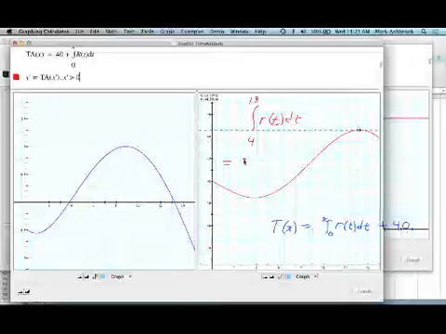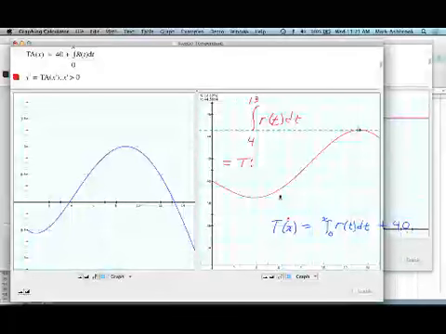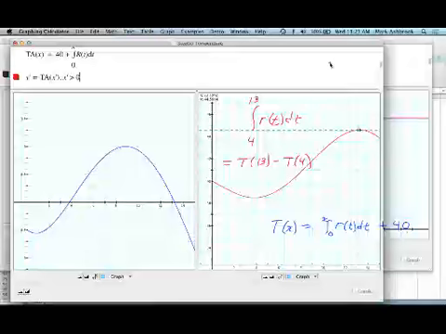T of 13 minus T of 4. Starting at 4, accumulating the change in temperature up to 13. That'll be your greatest change over this 15 minutes. Study. Test tomorrow. Get sleep and eat something before the test too.